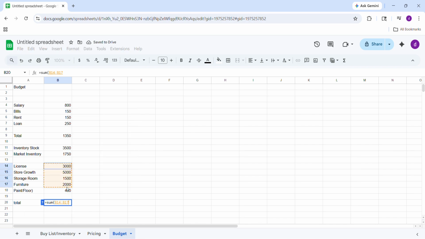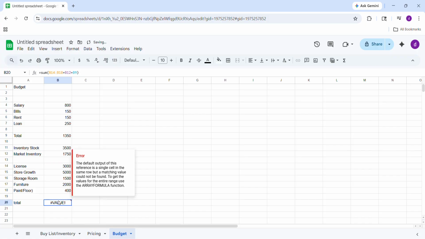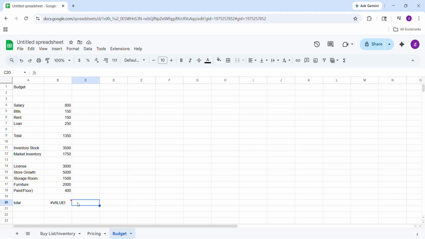We're going to do this plus our market inventory. So we're going to say we're going to buy all of our stock at the market, and we're going to keep up with our standard bills. So at the end of the day, before you close out the day, you're going to need... I don't know why it went to value. Oh, because I summationed a lot of stuff. This total should be this total.